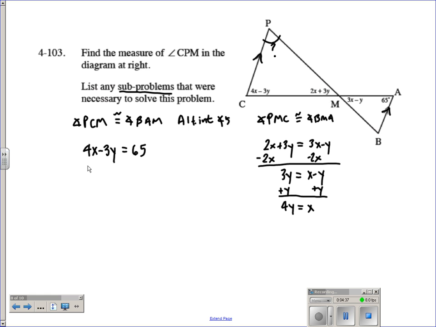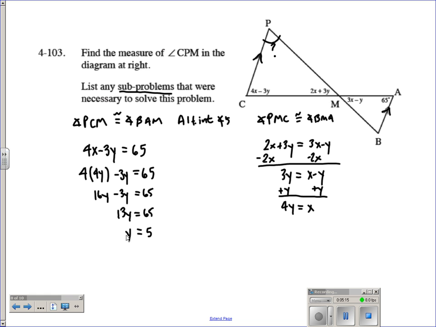That's what we're going to use to put over here. If x is equal to 4y, I'm going to trade the x in for 4y. So 4 times 4y minus 3y is equal to 65. That's 16y minus 3y is 65, and when we combine that, we have 13y equals 65, which means that y has to be 5.